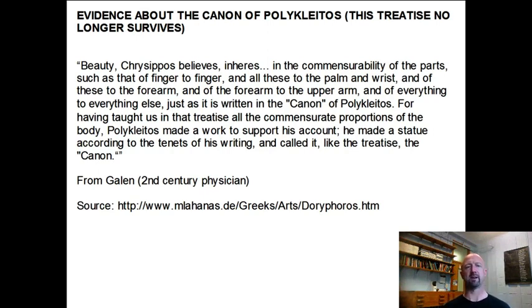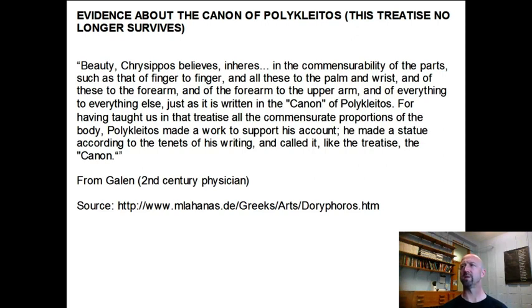And what you're looking at here is a Roman text that describes this canon of proportions by Galen, the 2nd century Roman physician, who says, quote, beauty, Chrysippus believes, inheres in the commensurability of the parts, such as that of a finger to finger and all these to the palm and wrist, and these to the forearm and the forearm to the upper arm and everything to everything else, just as it is written in the canon of Polykleitos.